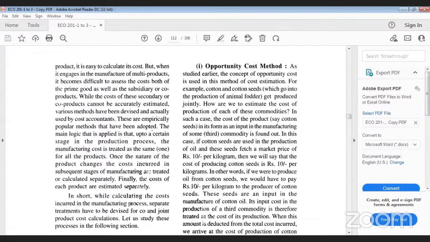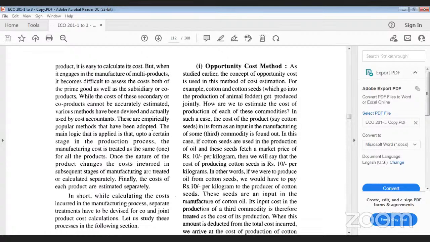Various methods have been devised and actually used by cost accountants, and these are empirically popular methods that have been adopted. The main logic that is applied is that up to a certain stage in the production process, the manufacturing cost is treated as the same for all the products.